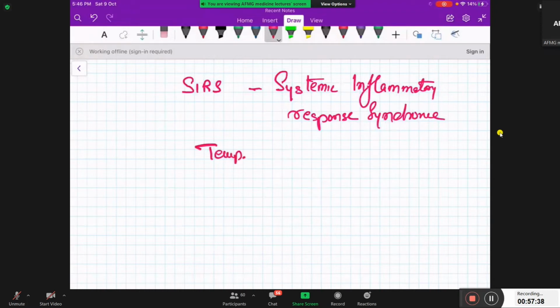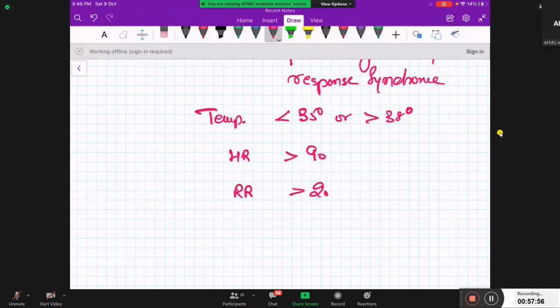Temperature less than 36 degrees Celsius or more than 38 degrees Celsius. Heart rate more than 90. Respiratory rate more than 20, and TLC count of these patients will be either less than 4,000 or more than 12,000.